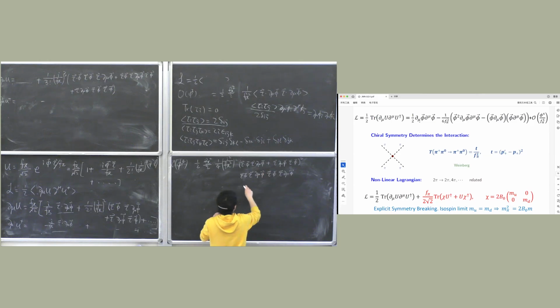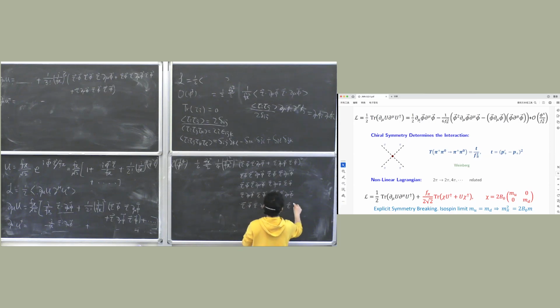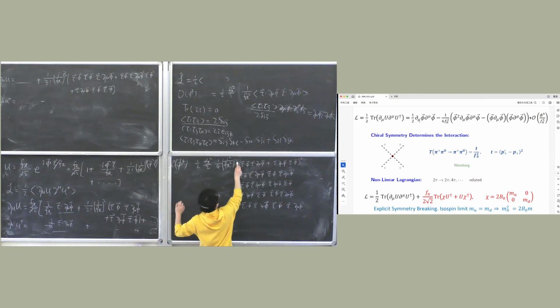And this one. And also, so we have such 4 terms, and because they are in the trace, right?